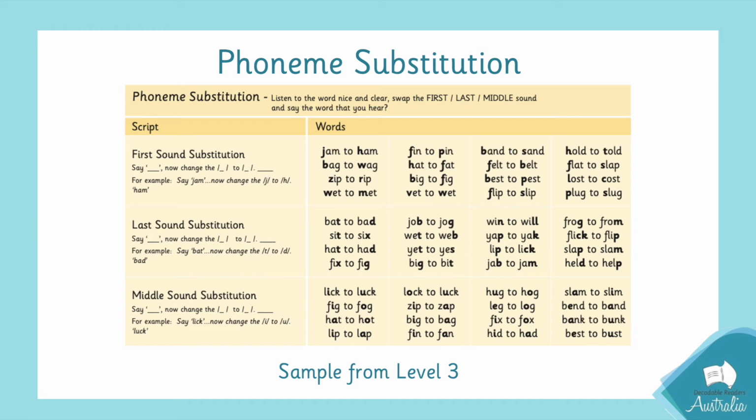And then finally, it's substituting that middle sound. So for example, say lick, now change it to and that's luck. Now this requires a lot of skill. It's being able to isolate those sounds, so segment those words, isolate the sound and substitute it. So this is quite tricky, but we know that research shows that this level of advanced phonemic awareness is the key to reading and writing.